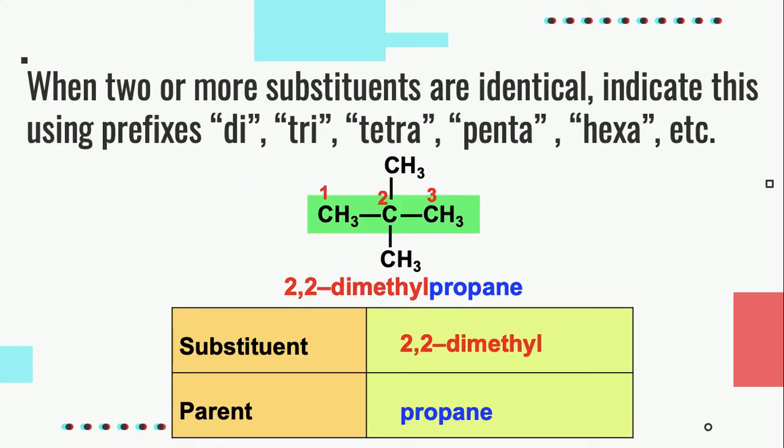When 2 or more substituents are identical, indicate this using the prefixes di, tri, tetra, penta, hexa, and so on. There are 2 methyl groups in this molecule, so dimethyl is used in naming this compound.